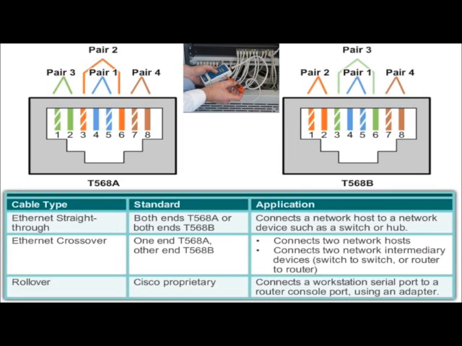It is used to connect a switch to a switch, a host to a host, or a router to a router. And the rollover, a Cisco proprietary cable used to connect to a router or switch console port. In the image, we can see the UTP cable type, related standards, and typical application of these cables.